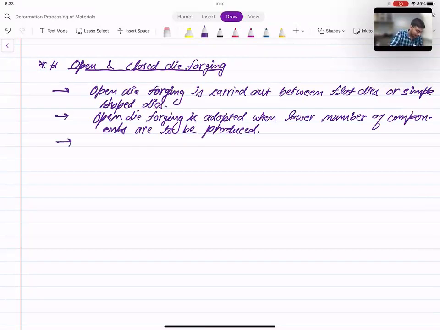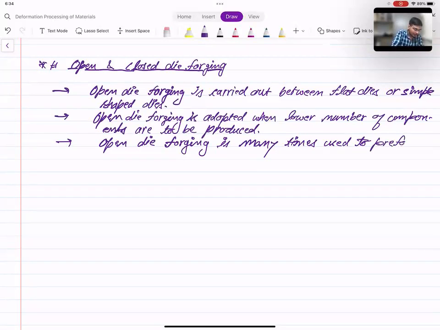So open die forging is many times used to preform the material for closed die forging.